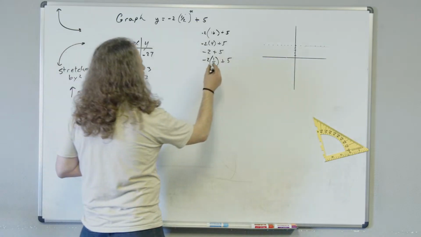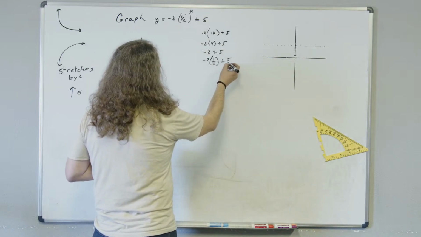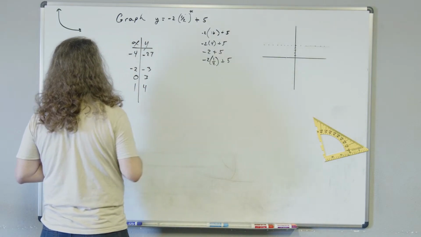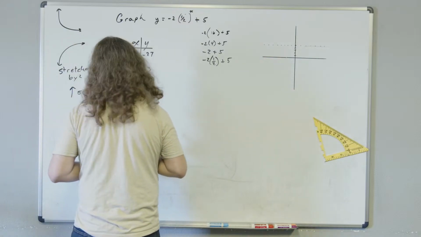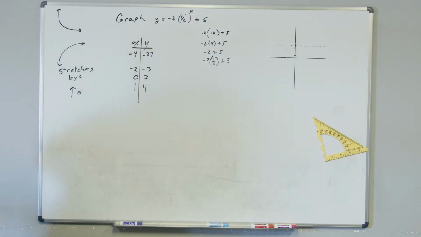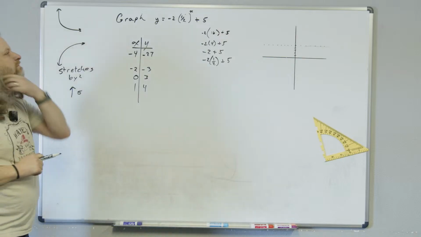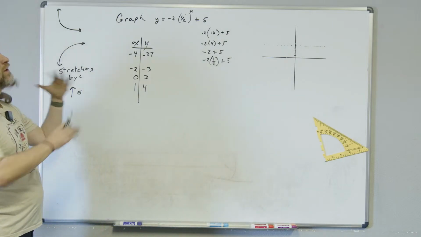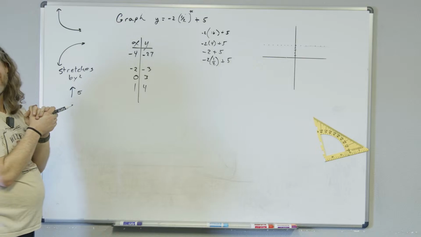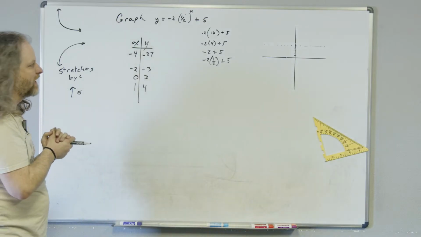Negative 1. Negative 1 plus 5 is 4. Imagine that. What is our number going to get closer and closer to but never quite get there? It's going to get closer and closer to 5 but never quite get there, right? So this is all making sense.